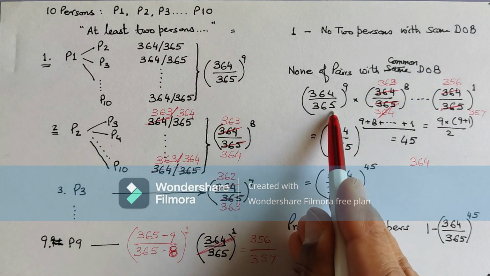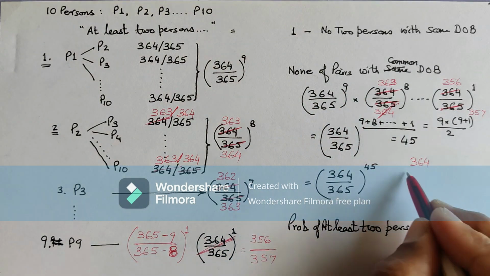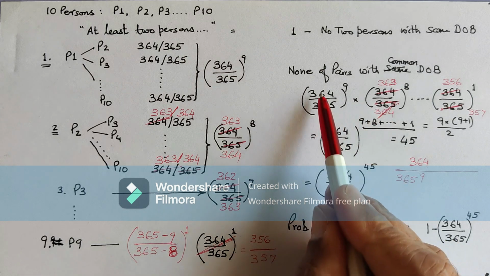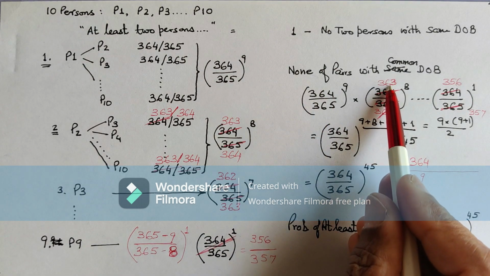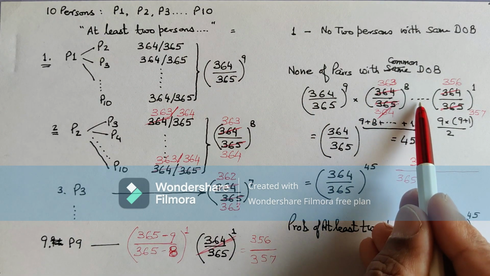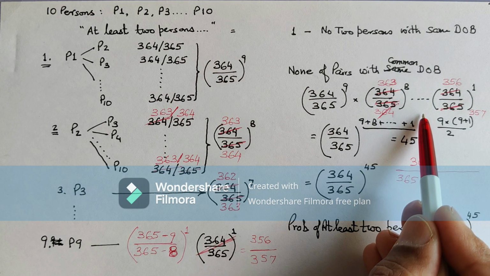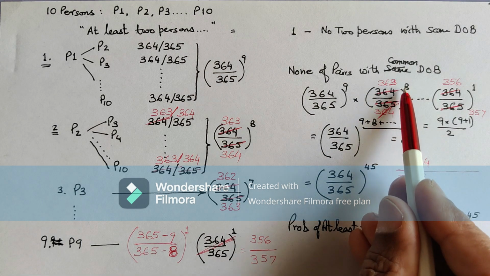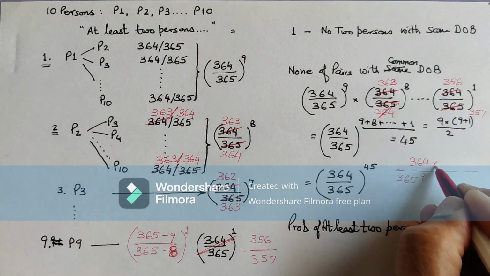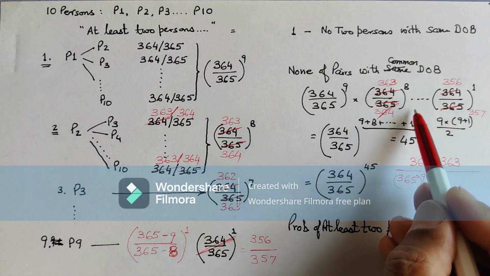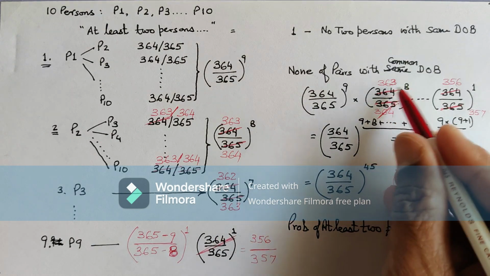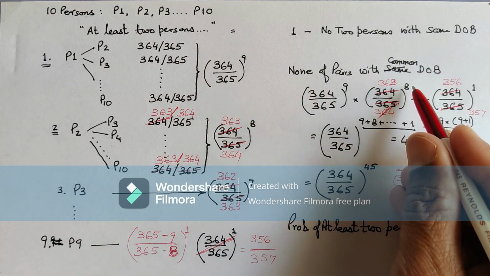This numerator 365 to the power 9 remains. So this is gone, this is taken care of. Here I have got 363 to the power 8. In the next term, in the denominator, there will be 363 to the power 7. That power 7 will cancel with this 363 to the power 8, and I will have 363. And this will continue. Only single powers of each of these terms will remain.